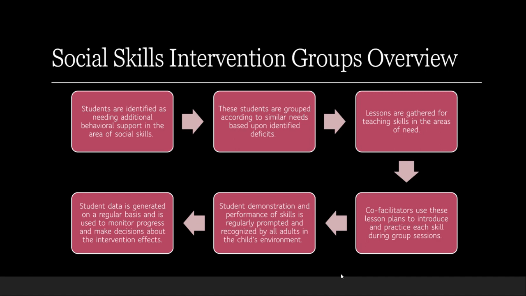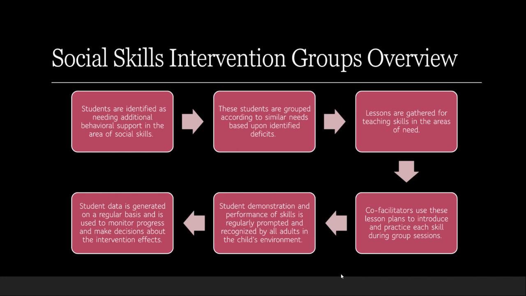So let's do a quick overview of the social skills intervention. First, students are identified as needing additional behavioral support in the area of social skills. We talked about in earlier videos that it's very important that when the tier two team is planning the systems and practices for their tier two PBIS implementation, they have a process in place for identifying students that are in need of tier two.